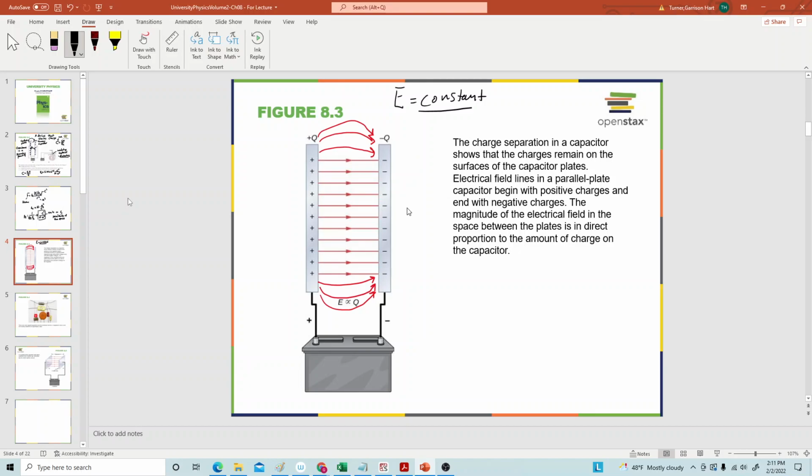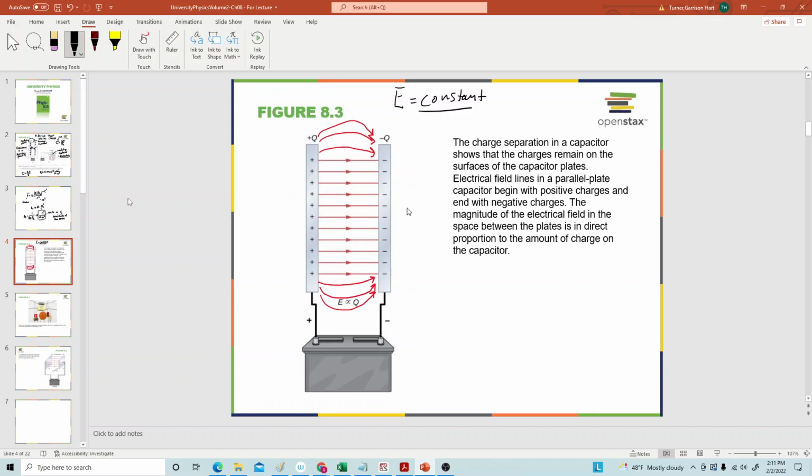And when you have a capacitor that's charged, where the charges are on both plates, there are two ways to keep the capacitor charged. Number one is to keep it in contact with the battery. Or number two, remove the battery but do not connect the plates.